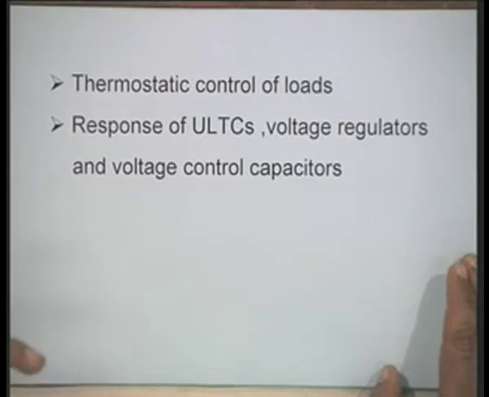Now, whenever the system voltage dips or becomes low, these ULTCs will try to operate and regulate the voltage. Suppose at a particular time the voltage has dipped. Then the on-load tap changers will operate to increase the voltage, but the response time is quite high. The voltage is low, and after about 1 minute they start operating, and their operation is completed in about 1 or 2 minutes. They are slow devices.